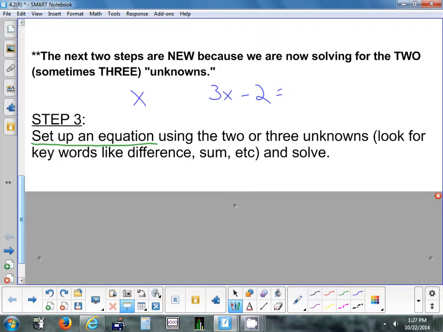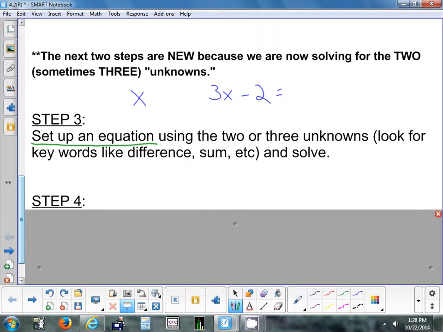All you're doing is taking those two values and plugging in what the problem tells you. Is it difference? If it's difference, I'm going to use minus. If it's the total, what would I do? Add them together. So look for those key terms. That's going to tell you what operation you're going to use to separate those two things.